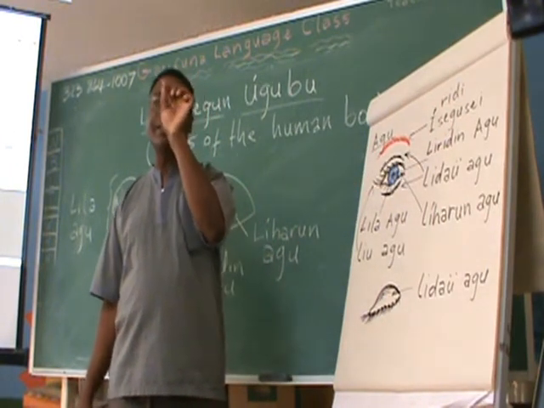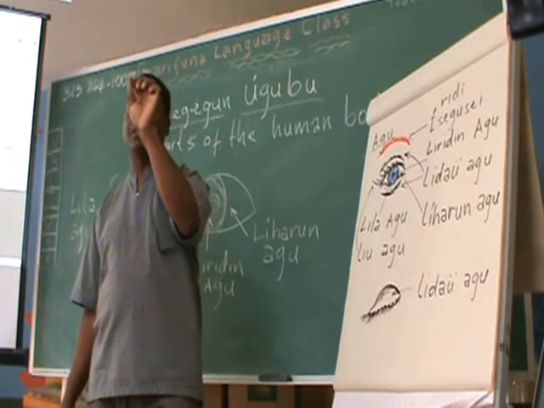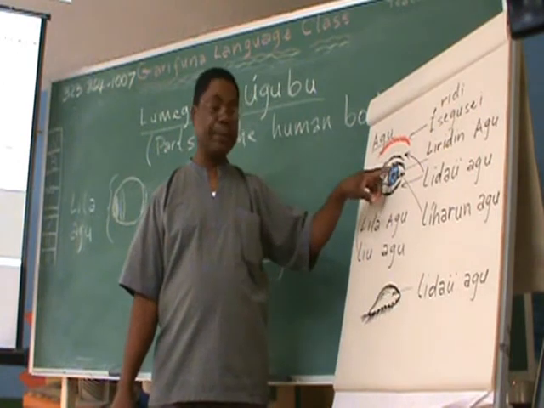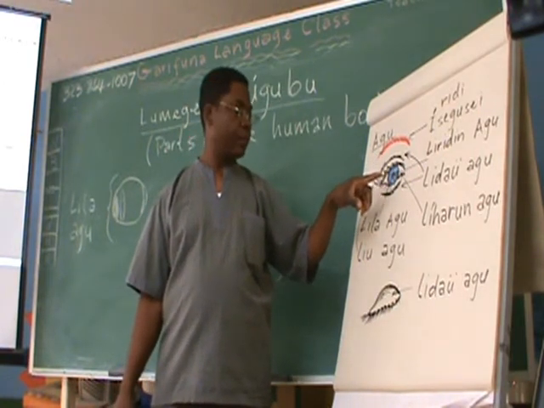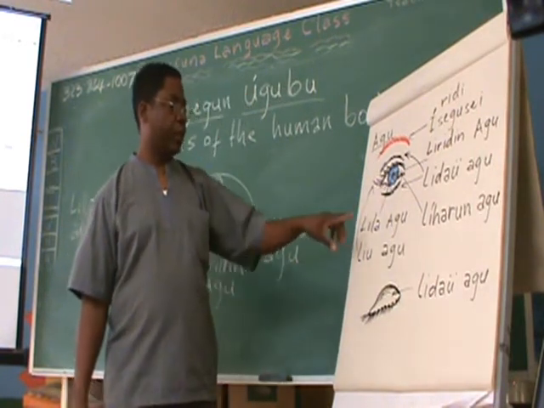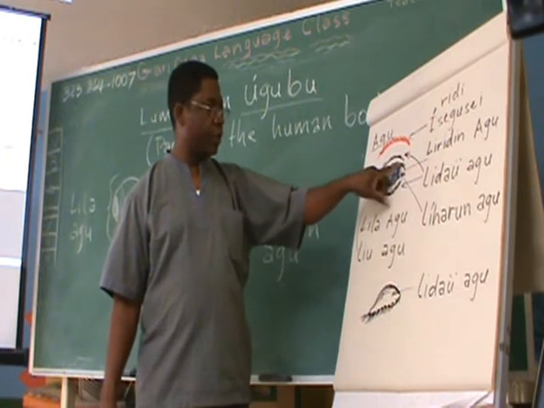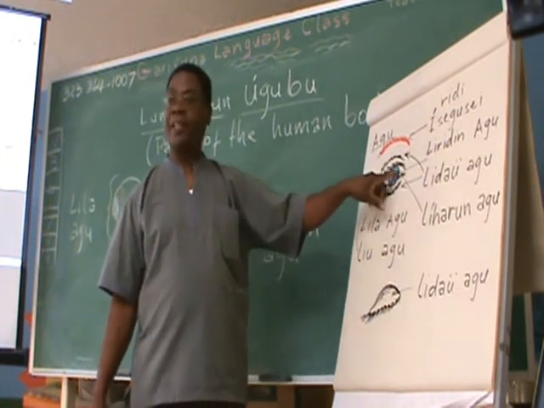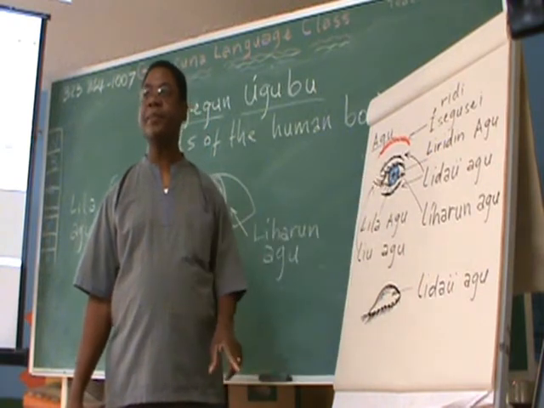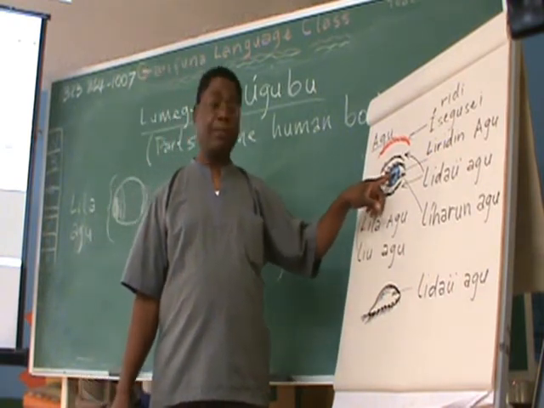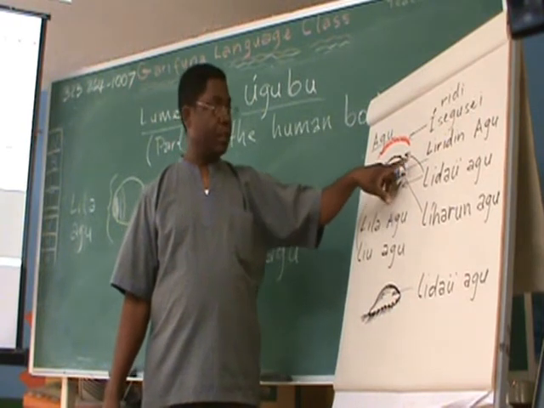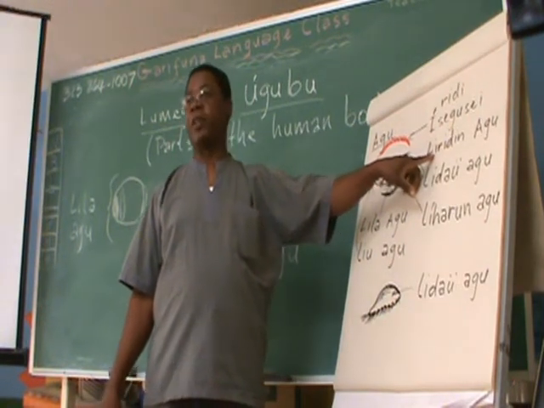The whole, not just the little point in the middle. The point where you see from, that red spot is where we got confused. Actually, this means the whole internal part of the eye. And this one means the black part of the eye. Okay, so the black is the iris. Yeah, but the whole black and the point is liridiagu so far.